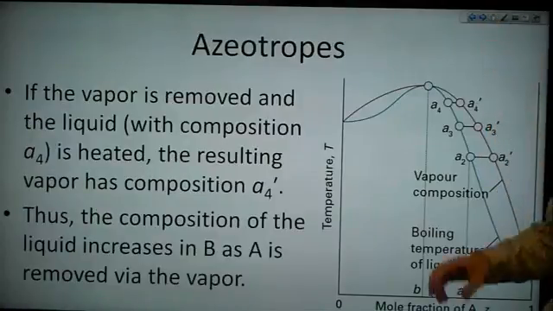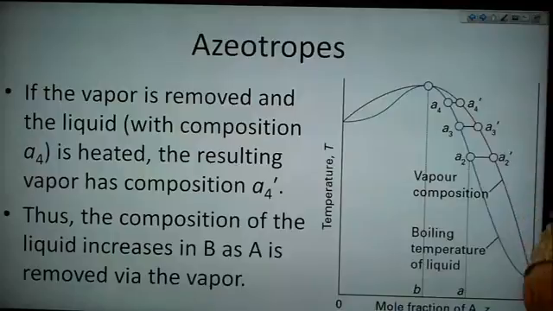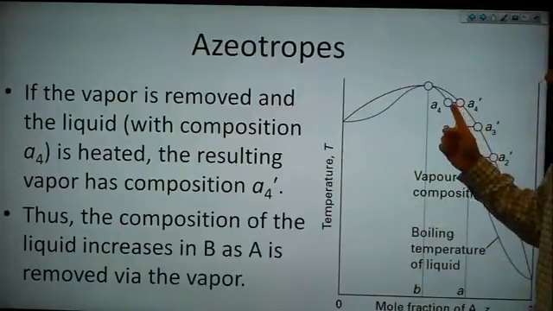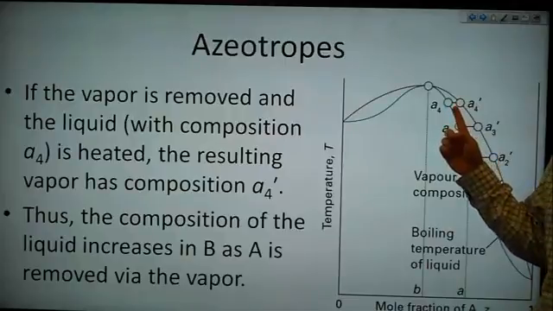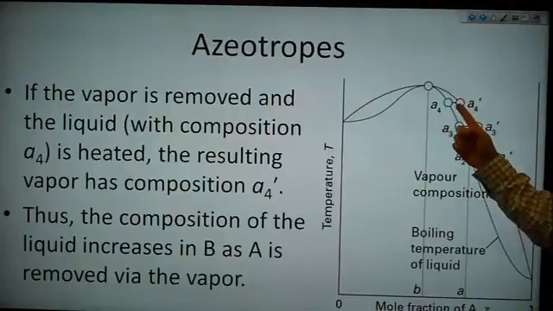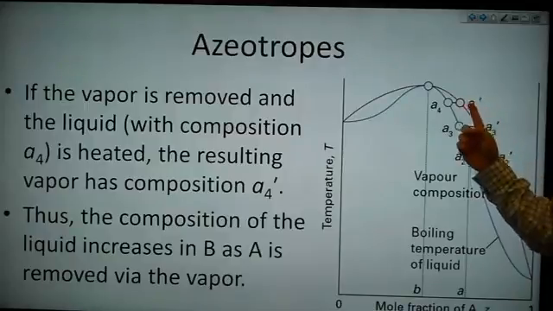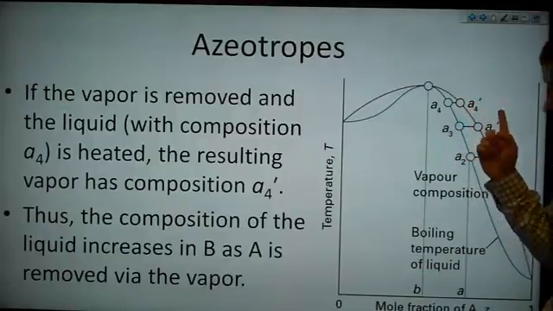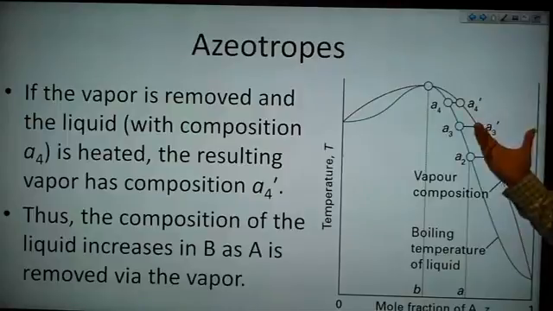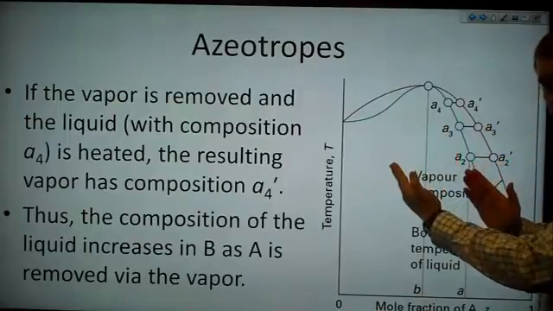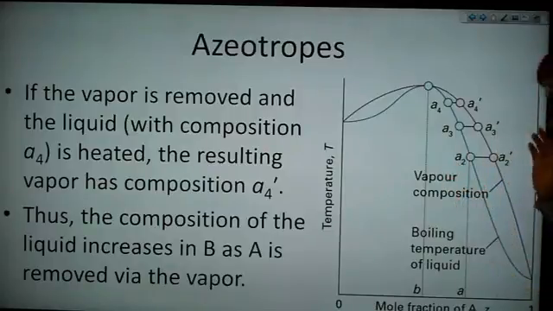Then we can remove that vapor and condense it elsewhere, and then we take our subsequent liquid. Again, we've moved to the left, so now we're at composition A4. Heat it up again, boil it, and now we have vapor with a composition A4 prime. In this way, the composition of our liquid is increasing in B as A is being removed with our vapor phase.